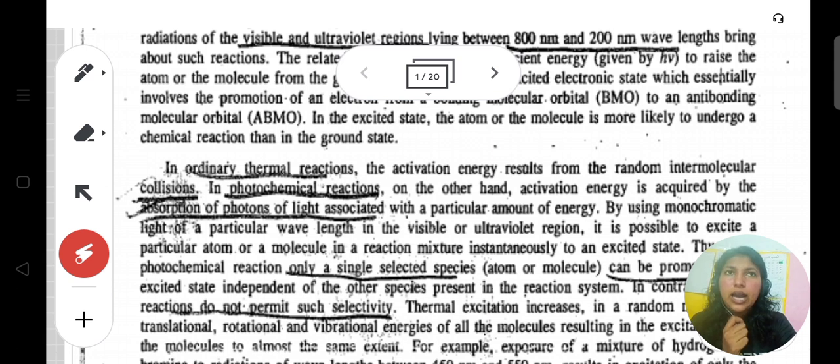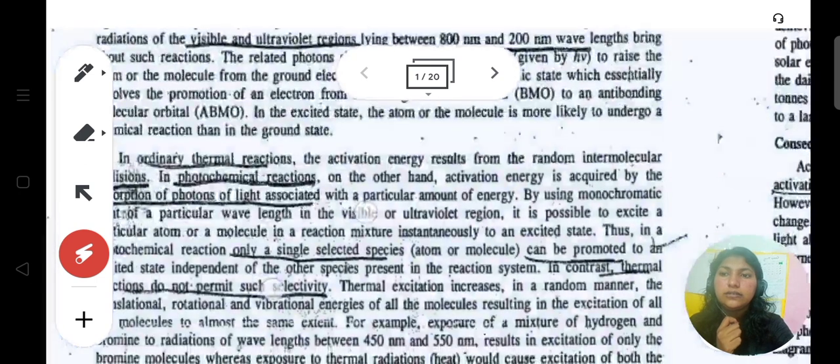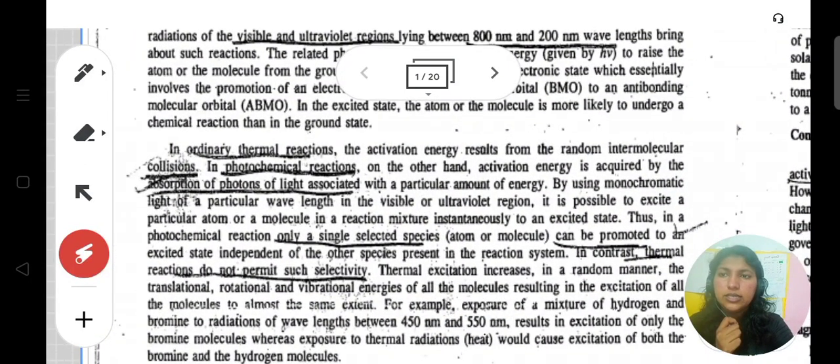Okay, in thermal reaction, there is random intermolecular collision, whereas photochemical reaction means selective absorption. Here it absorbs the wavelength from the visible and ultraviolet region only. It is possible to excite a particular atom or molecule in a mixture instantaneously to an excited state.